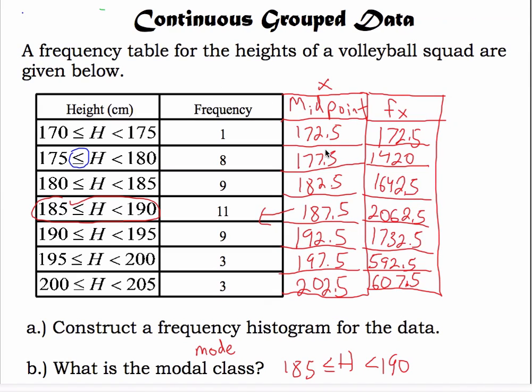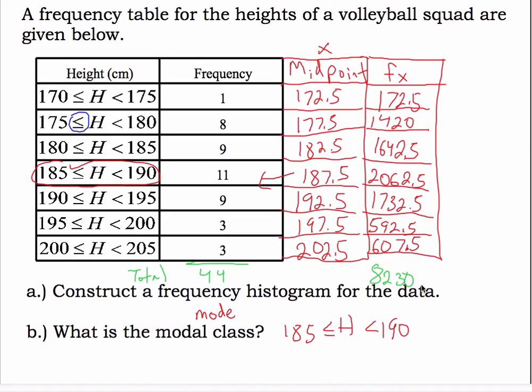Now that we've got all the fx's done, we get the total number of people on the volleyball squad by adding all of these numbers together. The total number of people is 44, and the total of the fx is 8,230. So this is the total of the heights, and this is the total number of people.